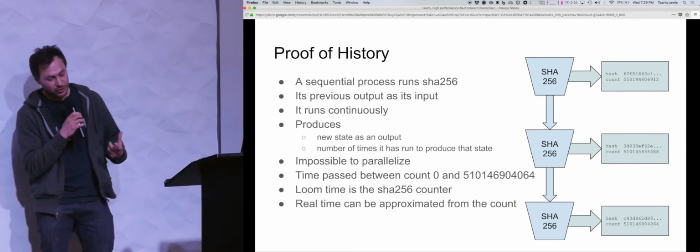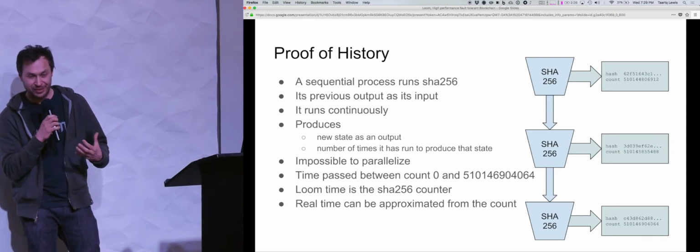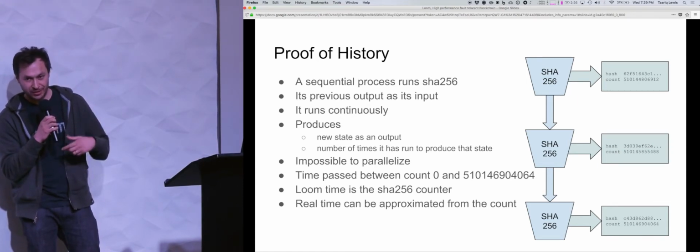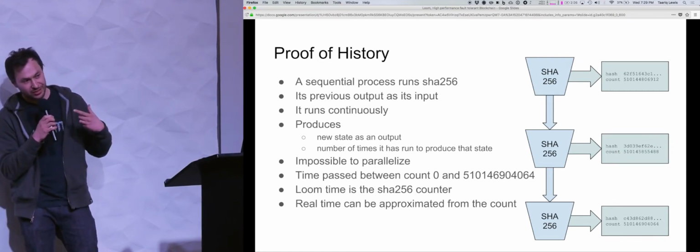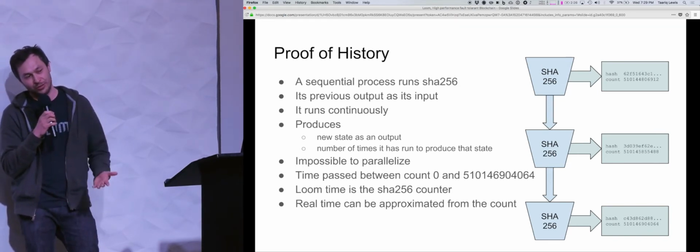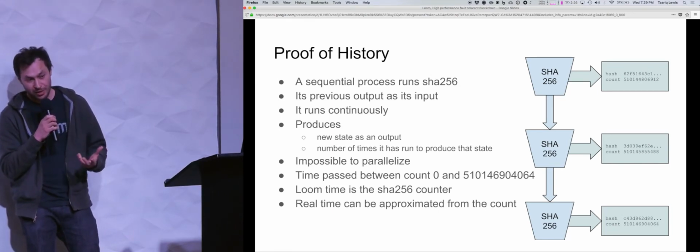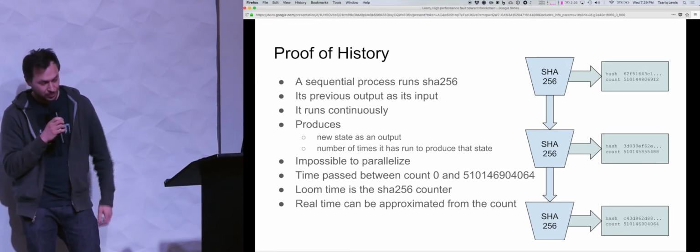So if we take this function and we loop it over itself, so its next input is the previous output, you can run it over and over. It's a process that you can't parallelize because you don't know what the value is going to be a million iterations from now. You actually have to spend some actual time running this thing a million times.